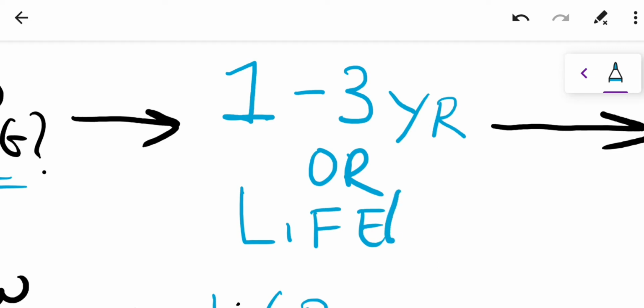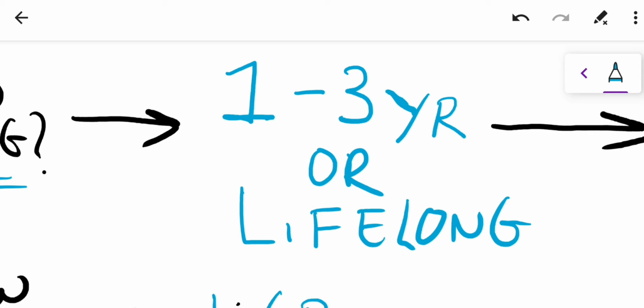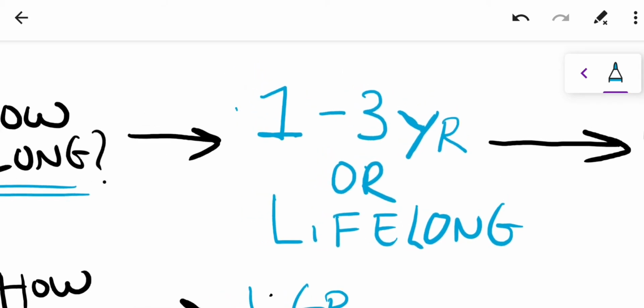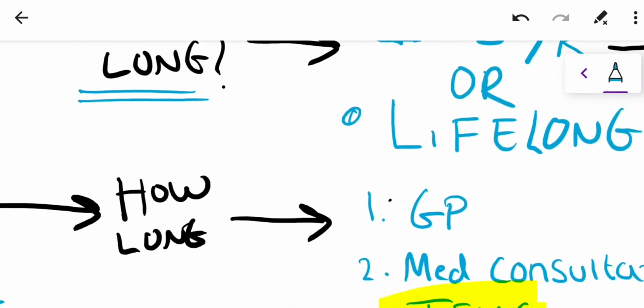Okay, it could be lifelong. This was one of the mistakes that was made in one of our colloquium. So 1 to 3 years or lifelong. It can be two. Okay. So just know that.